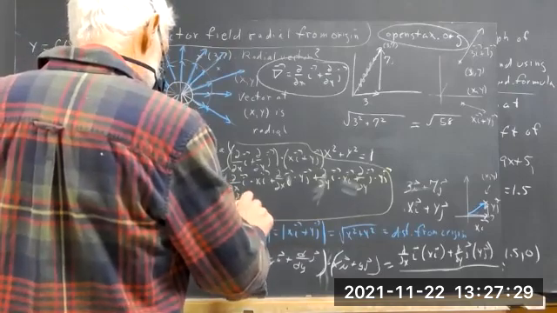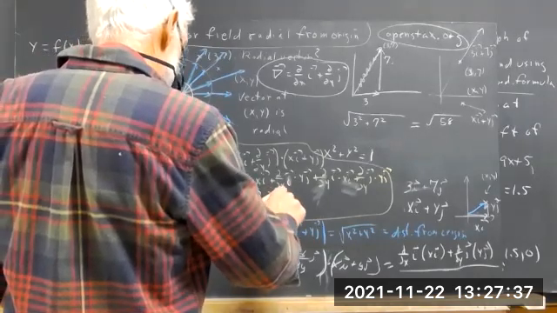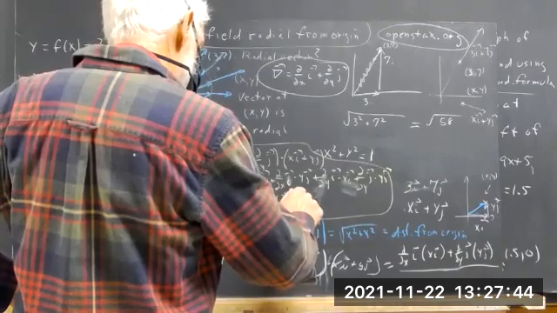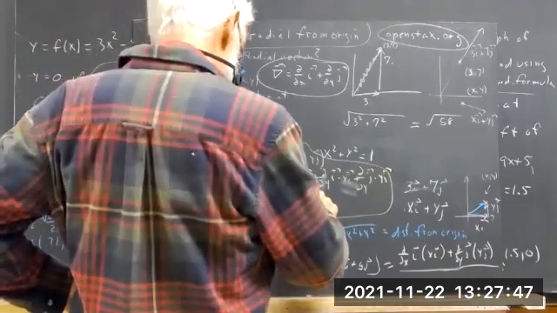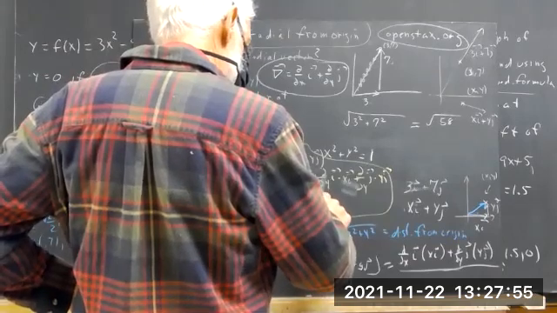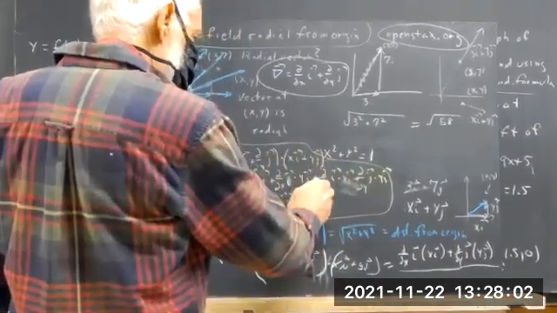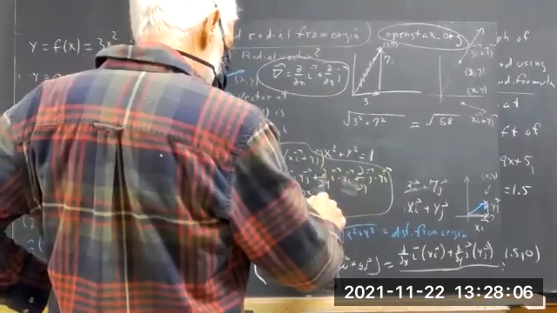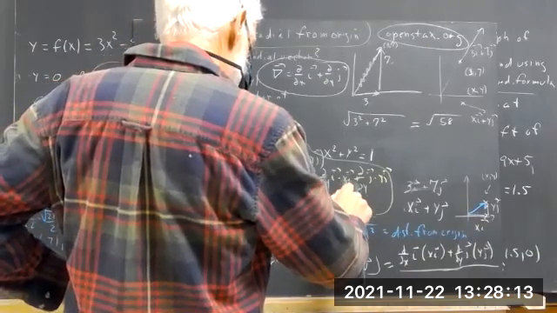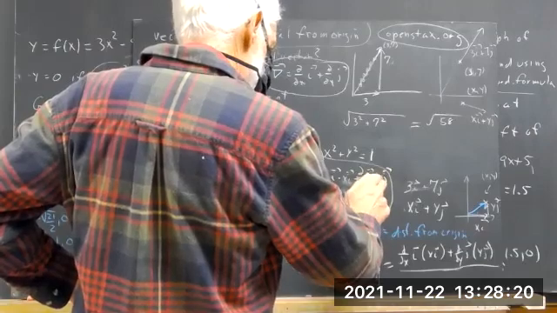But you get partial of x with respect to x times i dot i, plus partial of y with respect to x times i dot j, plus partial of x with respect to y times i dot i, plus the partial of y with respect to y times j dot j.